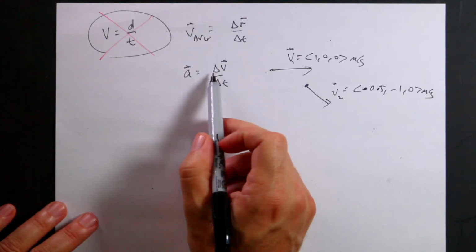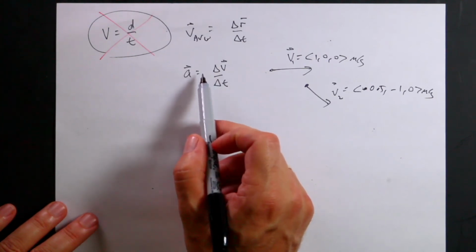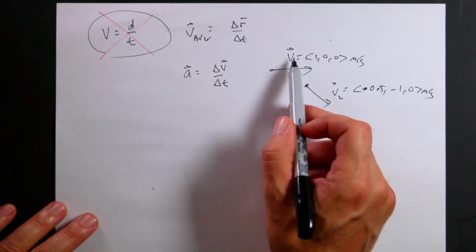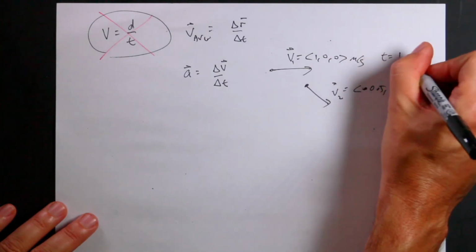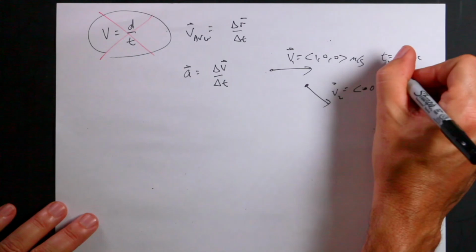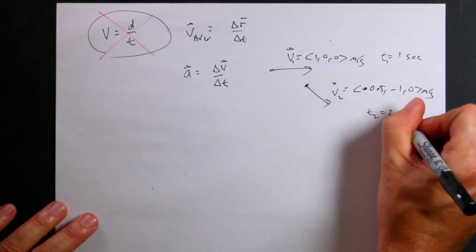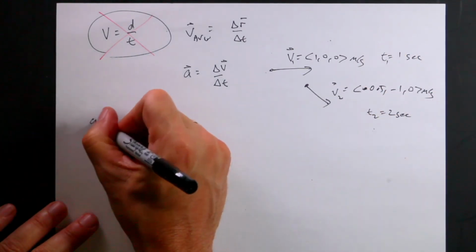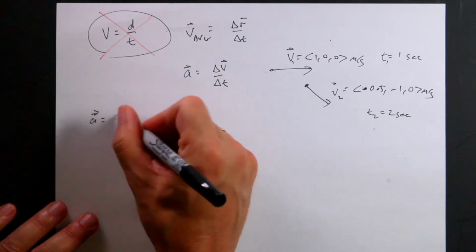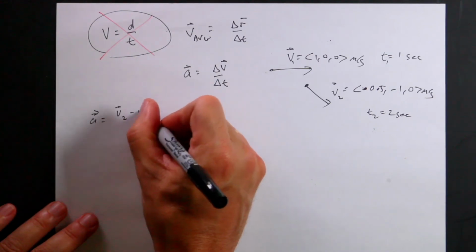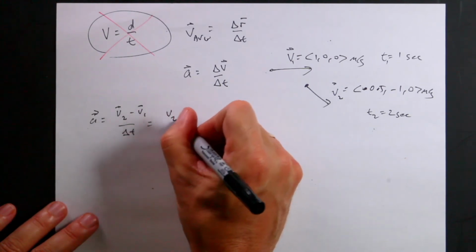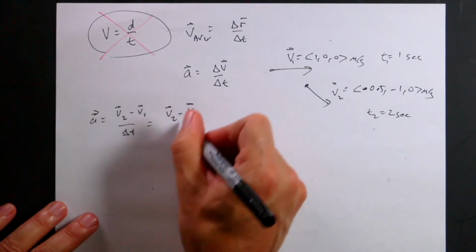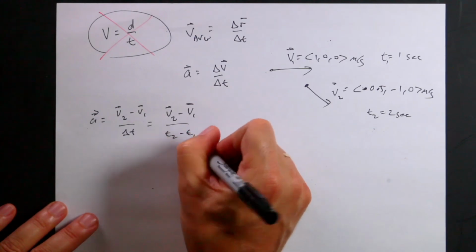So the acceleration is defined as the change in velocity. So it's going to be the final velocity minus initial velocity divided by the change in time. So let's say this is t1 equals 1 second, and this is t2 equals 2 seconds. So A would be vector v2 minus v1 over delta t, which is v2 minus v1 over t2 minus t1.